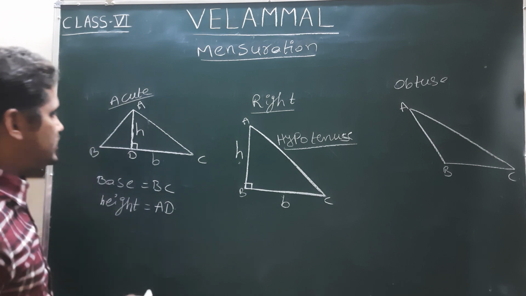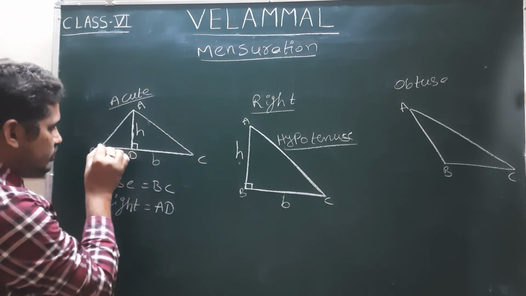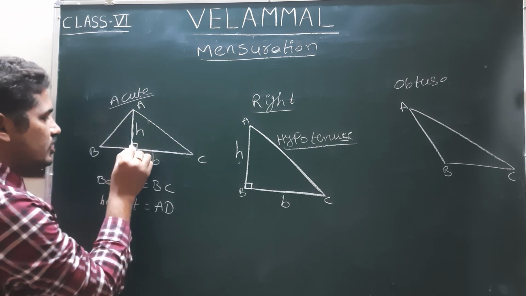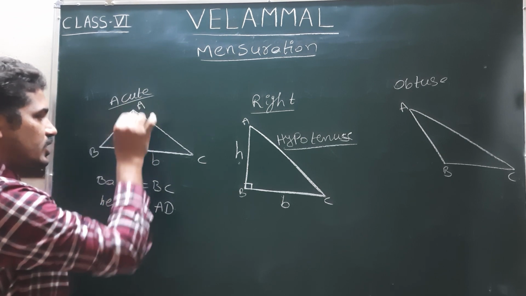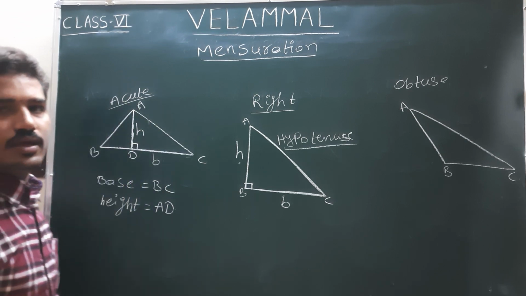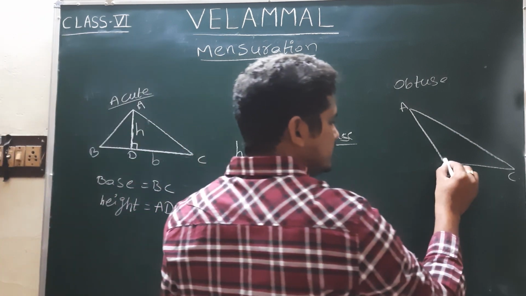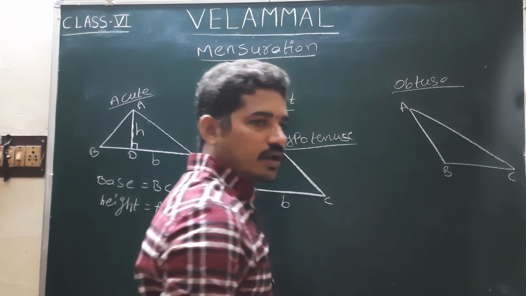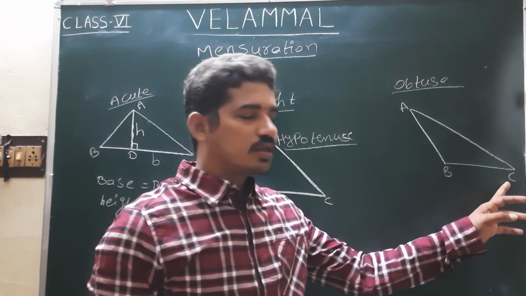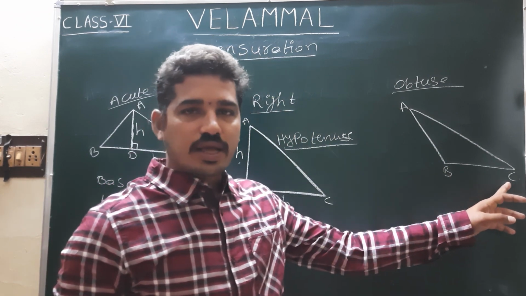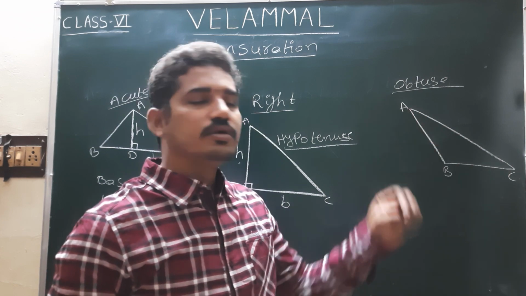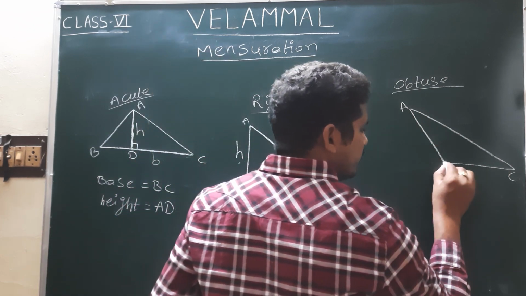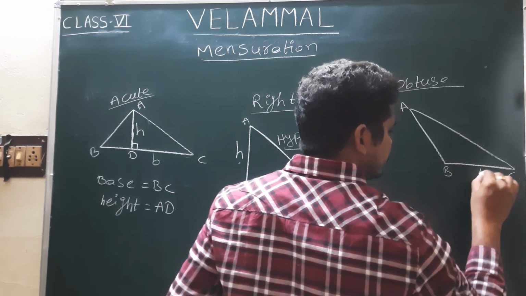Here, as I said already, the perpendicular line we take to the base must pass from the opposite vertex, and that is called the height. Now to BC we need to draw the perpendicular line that must pass from the vertex A. BC is the base here.